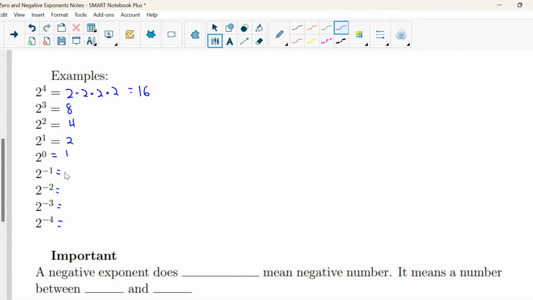And this is where my negative exponents come into play. So 2 to the negative first power is the same as saying 1 over 2 to the positive first power.